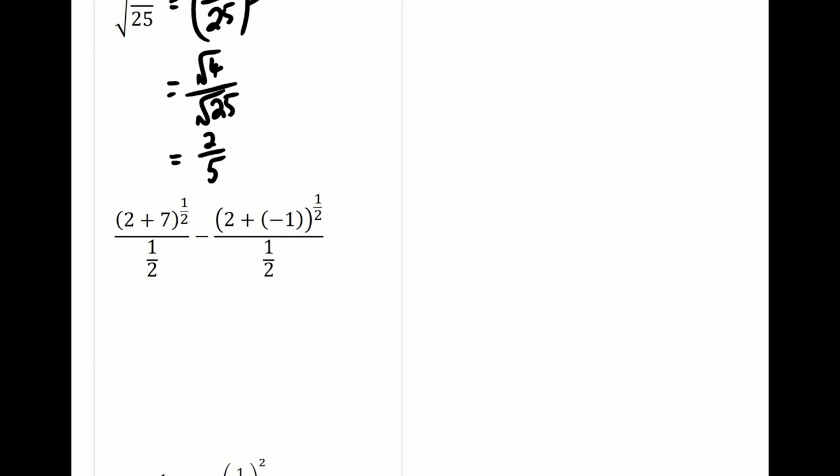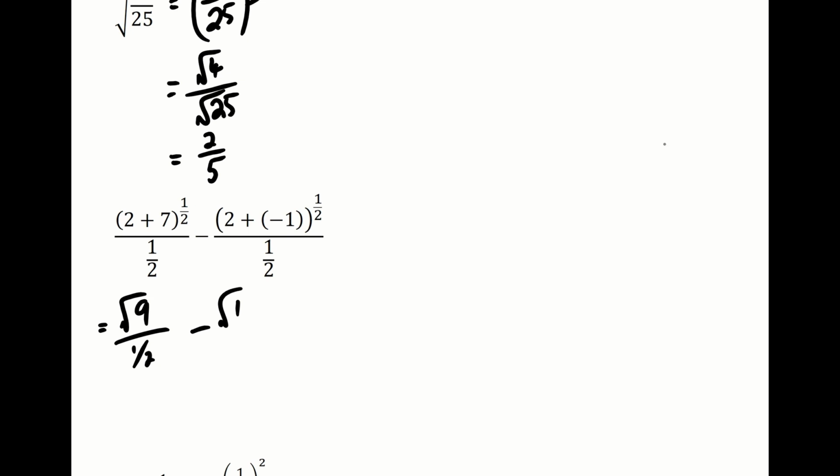Okay, you might come across some bigger problems where it's already expressed in power notation with the fractional powers. That's all good. I remember how to do this. So 2 plus 7 is 9, and instead of writing 9 to the power of a half, it might be easier for me when I'm evaluating these to just think of it as square root of 9. Okay, and same deal here. 2 minus 1 is 1 to the power of a half.